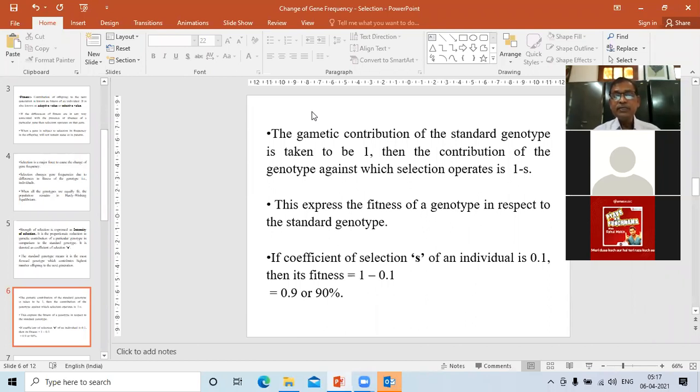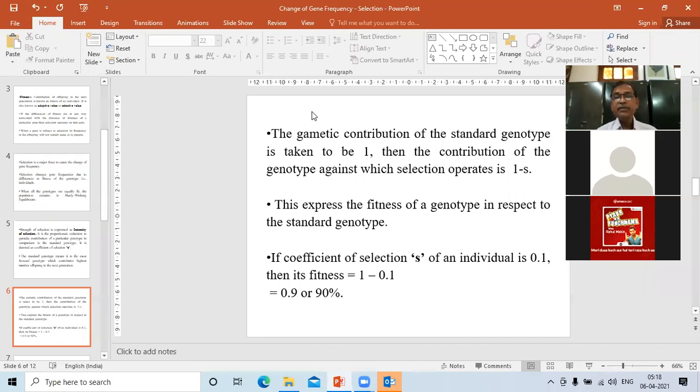Now one example is given. If the coefficient of selection S of an individual is 0.1, then what will be its fitness? Its fitness will be 1 minus 0.1, because 1 is the fitness of the most favored genotype or the standard genotype. So the fitness of the genotype whose coefficient of selection is 0.1 will be 1 minus 0.1, which is equal to 0.9, or 90%.